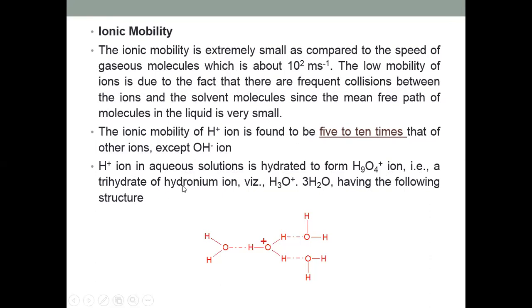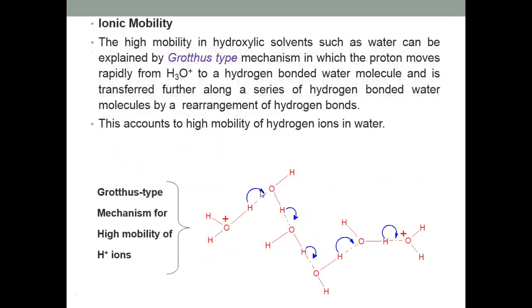Because the H ion in the solution exists as the hydronium ion, H3O plus, and that exists as a trihydrate of the hydronium ion, which has a structure like this. So this is the increase in the mobility of the H ion in the hydroxylic solvents only, right?